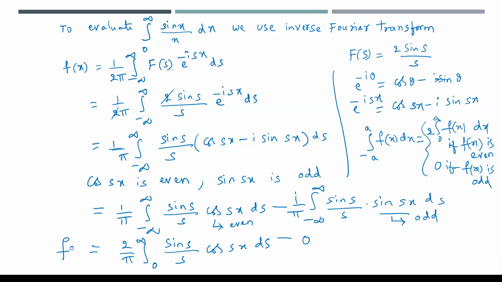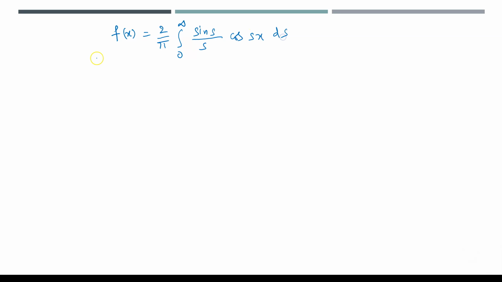Now on the left hand side f(x) is there. So let us put x equal to 0 in this integral. Here f(x) equals 2 by pi integral 0 to infinity sin s upon s cos sx ds.